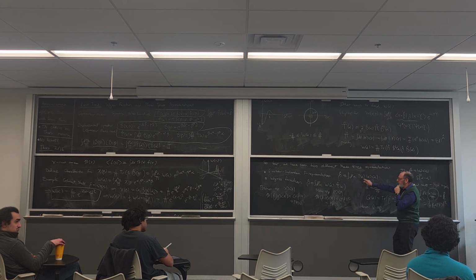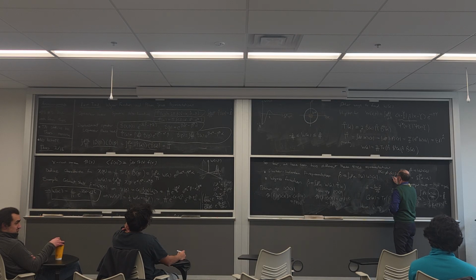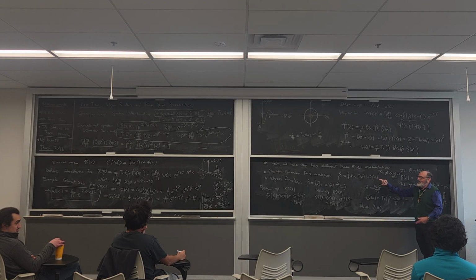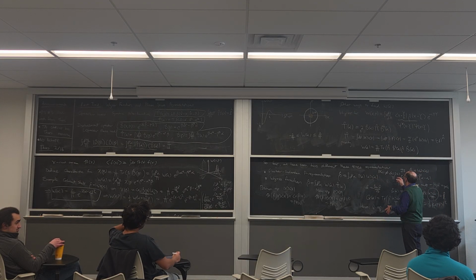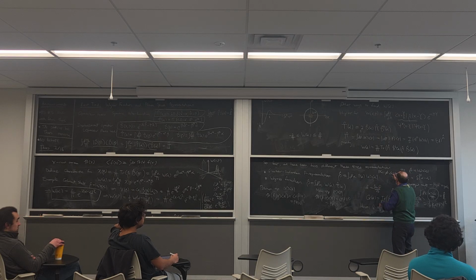That's the P representation. The P of alpha does not equal that. If you take the, remember this is, let's call this a dummy variable.